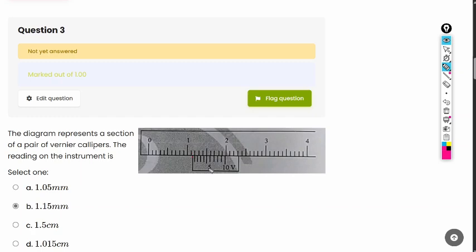Then on the vernier scale, you look for where you have a perfect intersection with the main scale to get the next decimal place. So the answer is 1.1 from the main scale, and the decimal place we got from the vernier scale is 5. That's 1.15 cm. Okay, there's an error here, so 1.15 cm actually. That's for question 3.